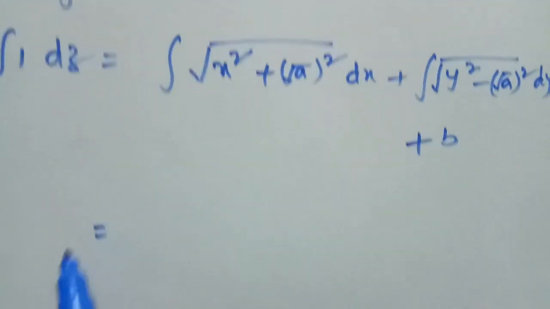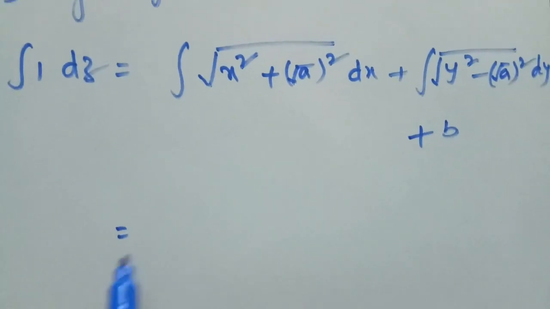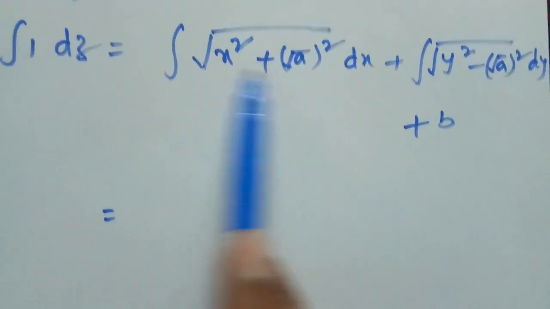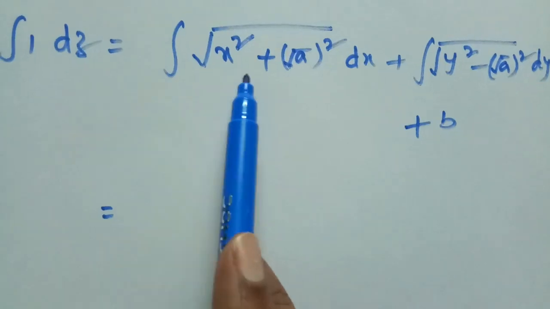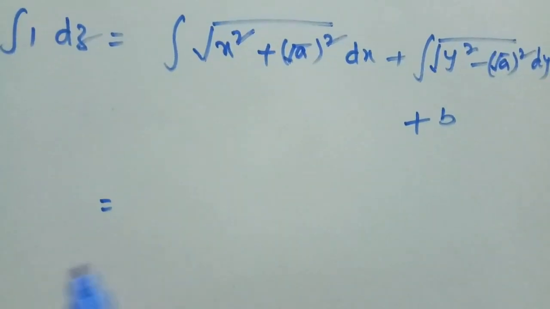Therefore, as explained in the previous problem number 1, we have already given the formula for integration of square root of x square plus a square.